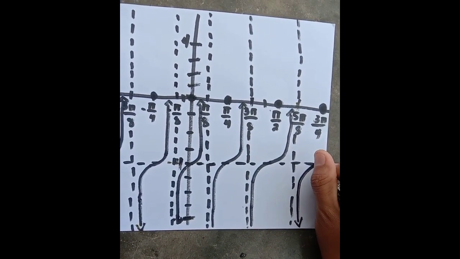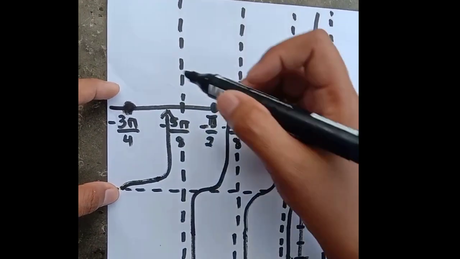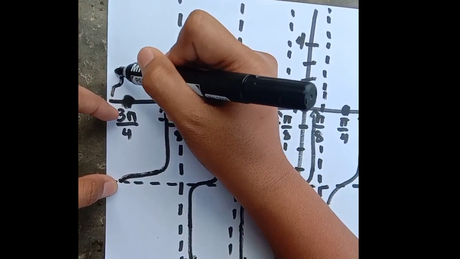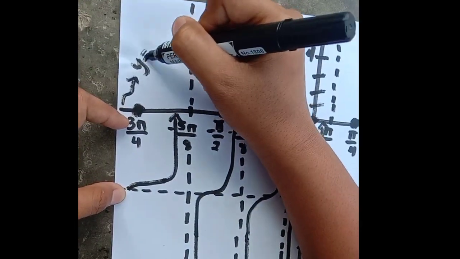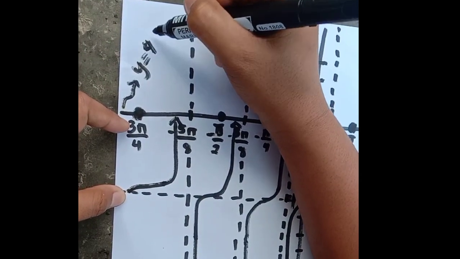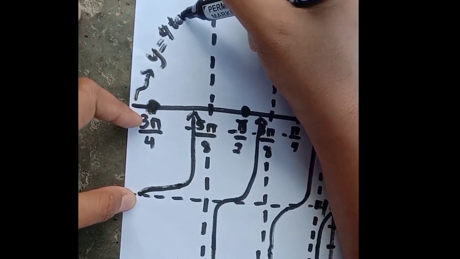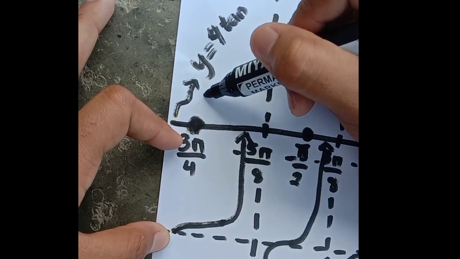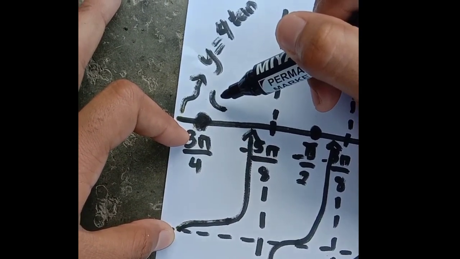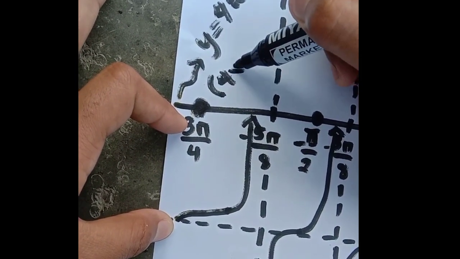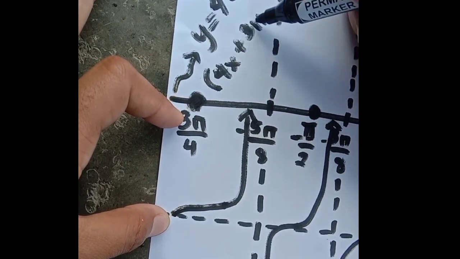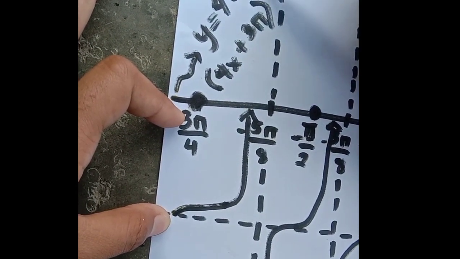And this is the graph of y equals 4 tangent times the quantity of 4x plus 3 pi minus 4.